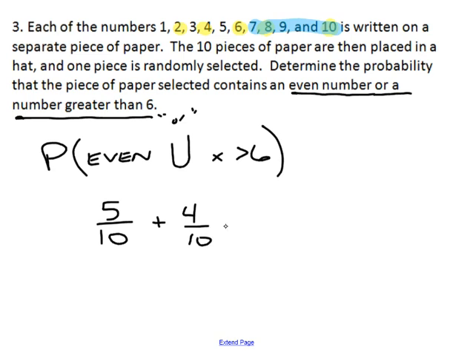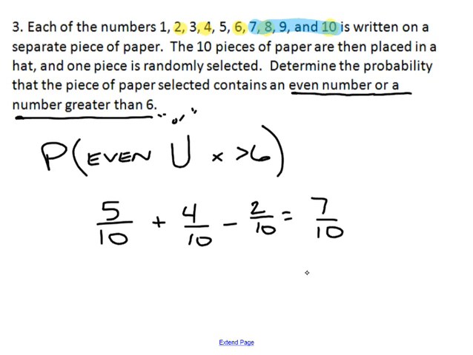Then we have to subtract off the overlap. You can look up here and see the ones that are blue and also have yellow behind them, kind of this green, those are the ones that are double counted. Those are the ones that we counted twice. So this is 2/10. So I get 5/10 plus 4/10 minus 2/10 is 7/10.